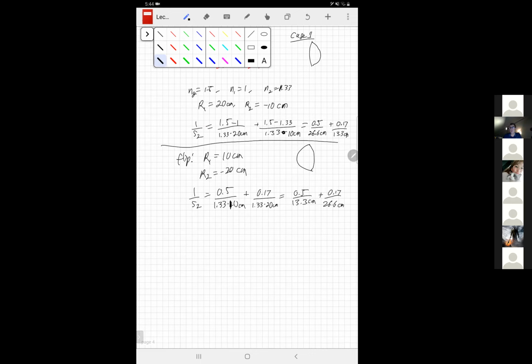So the effect of that highly curved surface could be partially canceled out by putting it in contact with water instead of air. And that's why you get a different result on the two sides.